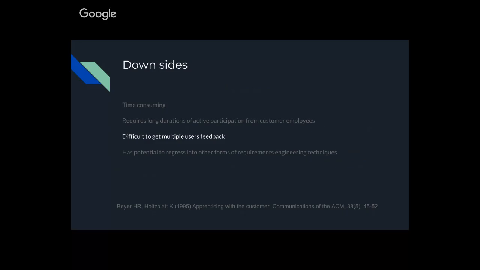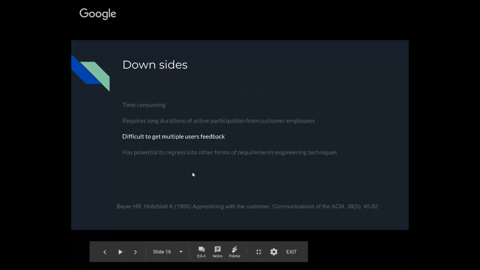Usually the format is a single analyst trying to apprentice a single customer. You wouldn't normally do a single analyst apprenticing to multiple different tasks within that customer's work environment.